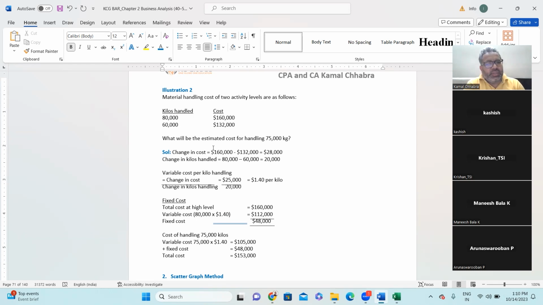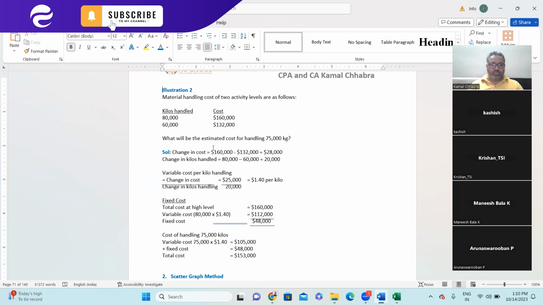So you have 80,000 kg cost $160,000 and you have 60,000 kg, you have cost of $132,000. What will be the estimated cost of 75,000? I know solution is there, but do you mind doing it on your own Excel sheet or paper pen or maybe in your calculator? So what is change in cost? 160,000 minus 132,000, that is $28,000, right?